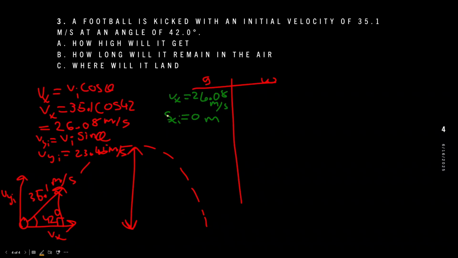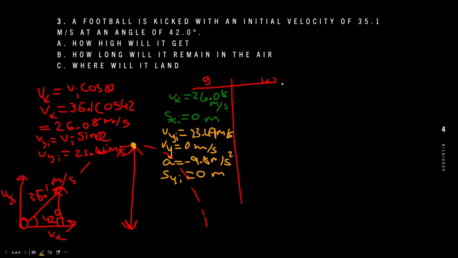So now for the y components, we know Vyi is 23.49 meters per second. And then Vy at the top of its motion is 0 meters per second, because every projectile for a moment stops at its peak. So Vy equals 0 meters per second. Then A equals negative 9.8 meters per second squared. And Syi is 0 meters.